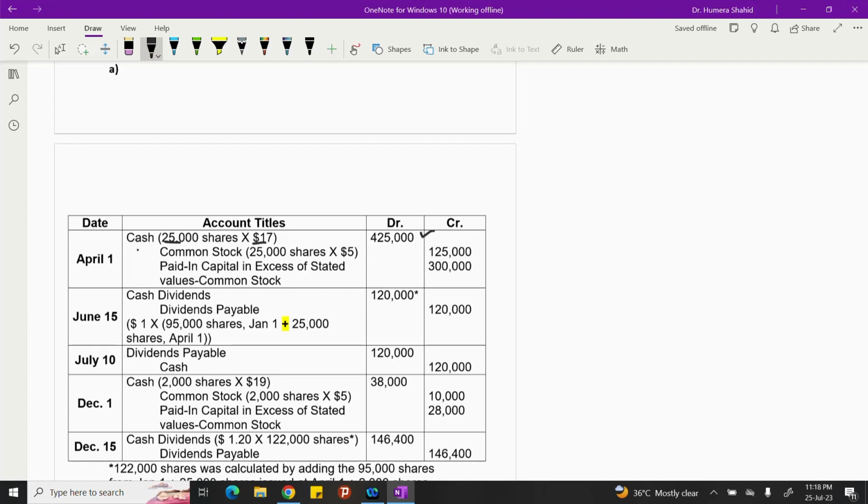Common stock gets credit with the stated value: 25,000 shares, stated value is 5, so 125,000. 17 is the issue price, 5 is the stated value, so $12 extra each share. 12 multiplied by 25,000, we get 300,000 as additional paid in capital.